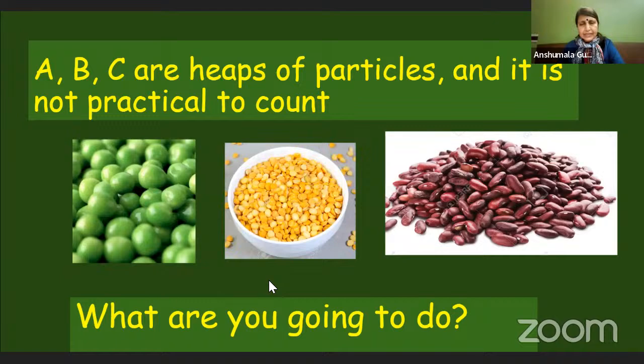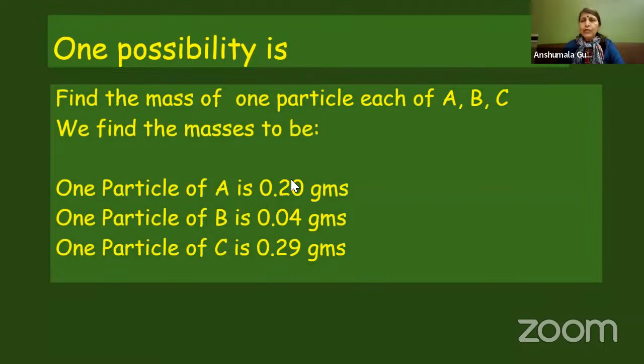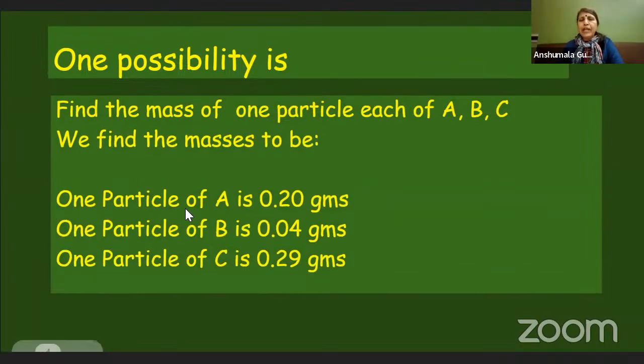For example, we have to first do the comparison of their weight. I'm just giving you weights of these. We actually weighed them just to give you an idea. So 1 particle of A is 0.2 grams, 1 particle of B is 0.04 grams, and 1 particle of C is 0.29 grams. Now I have weighed them. Now what do I do?